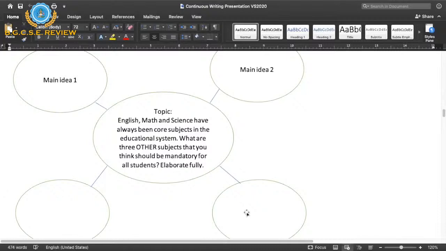Why do we need this 4th circle? We have to close up the essay, someone says, because that's a conclusion. It's not, we're doing this, not the conclusion. This is separate from the conclusion.